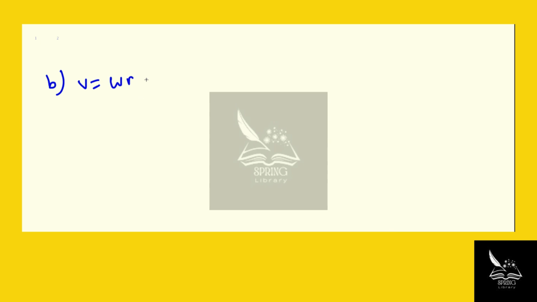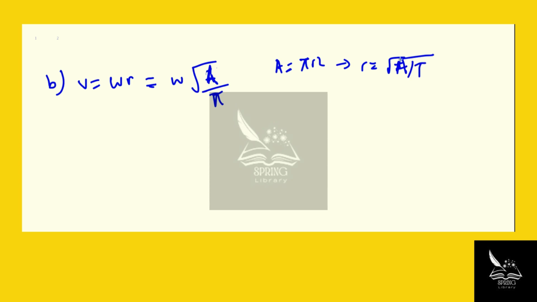So V equals omega R, the rotation speed times radius, and radius is the square root of A over pi. This is because the area is a circular area, so it's pi r squared, meaning R is the square root of A over pi.